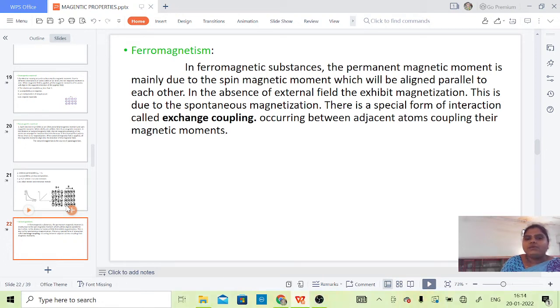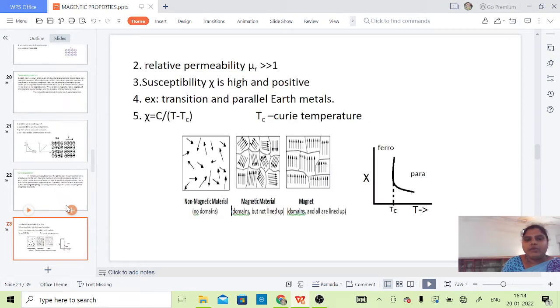In the absence of an external field, they exhibit magnetization. This is due to spontaneous magnetization. There is a special form of interaction called exchange coupling, occurring between adjacent atoms, coupling their magnetic moments.